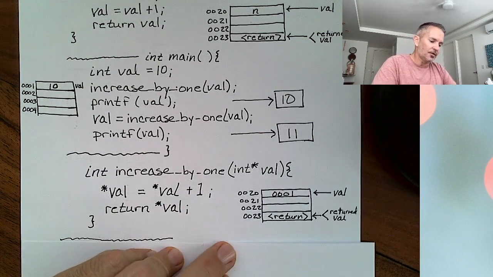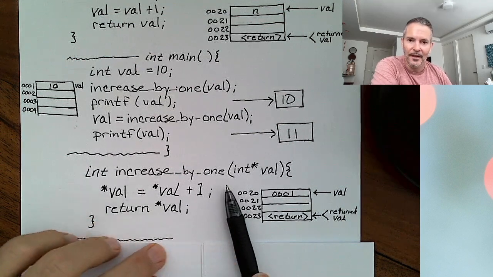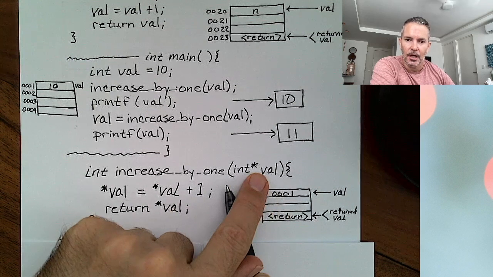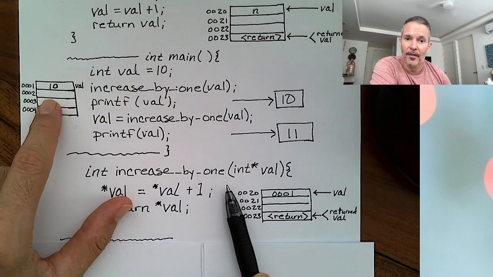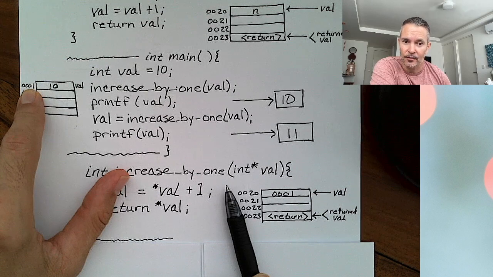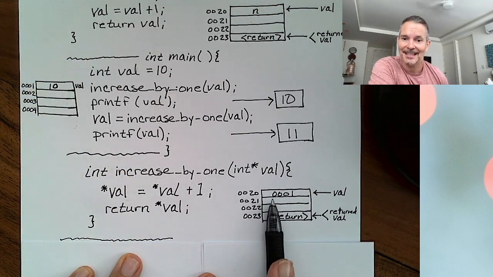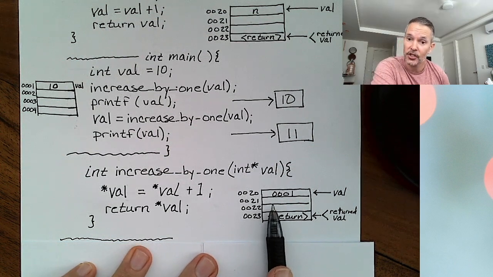All right, so what is going to happen here is that when the program calls this function, we're going to pass the address of the value variable. The address of the value variable is 0001. We will pass the address into the special memory location allocated for the function.